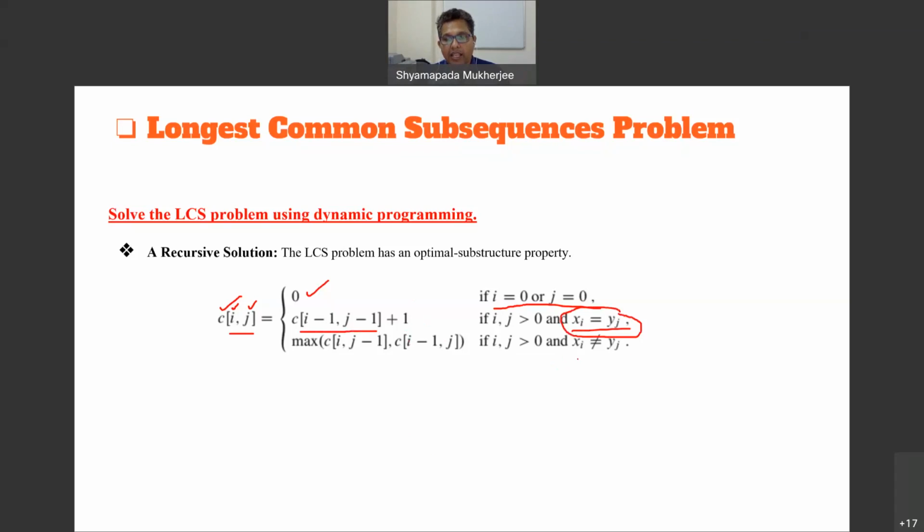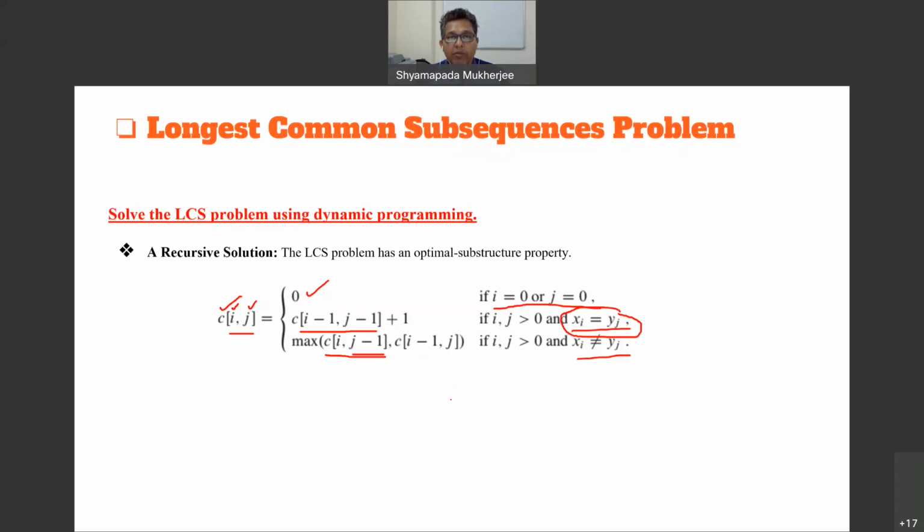If not, that is, if Xi is not equal to Yj, then either the Xi element is part of the longest common subsequence Z, or Yj is part of Z. So we want the maximum of the table entries C[i][j-1], where Xi is matching but Yj is not, and C[i-1][j].